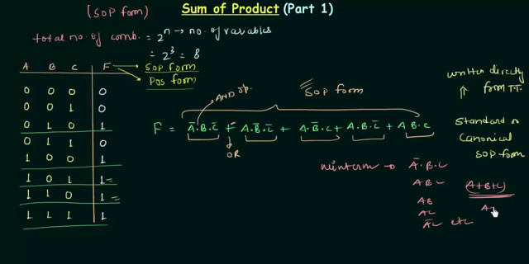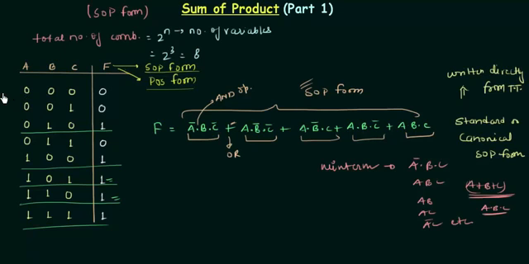And if I write A and B and C, this is the min term. We are calling it max term and min term because of their look. So all these are our min terms, and we write min terms as, let me first write down the decimal equivalent of these numbers.